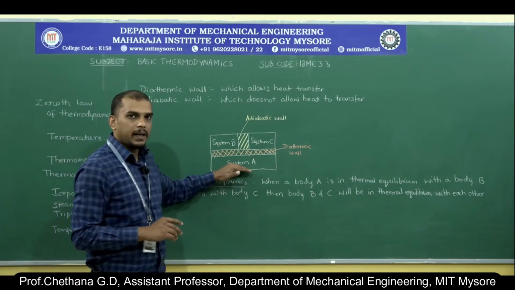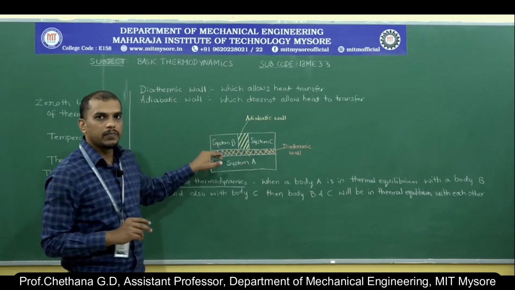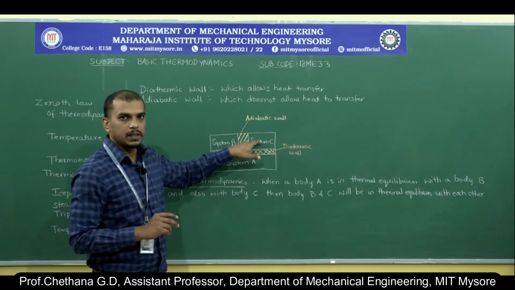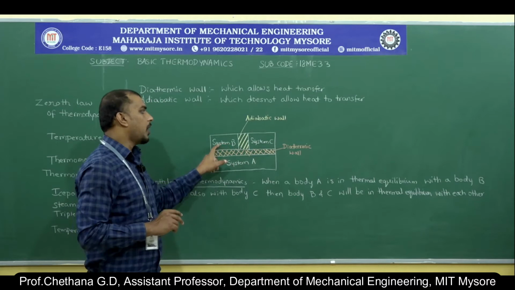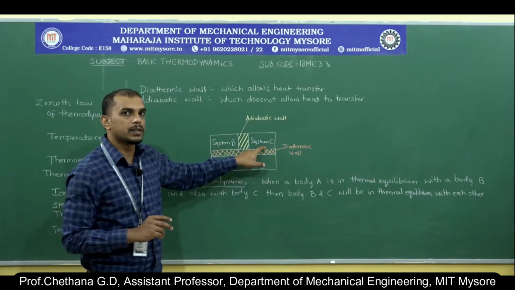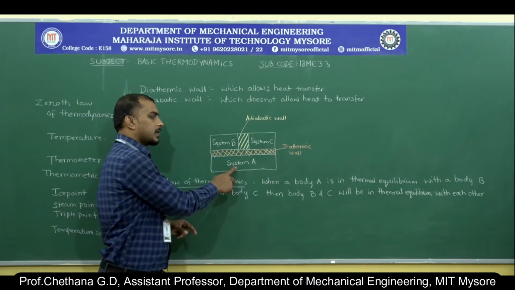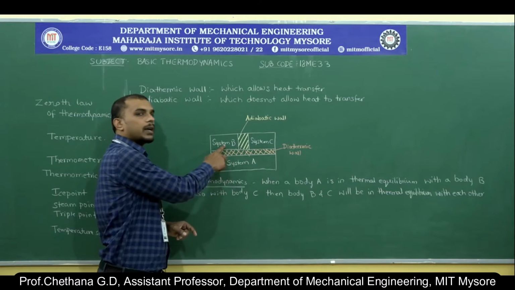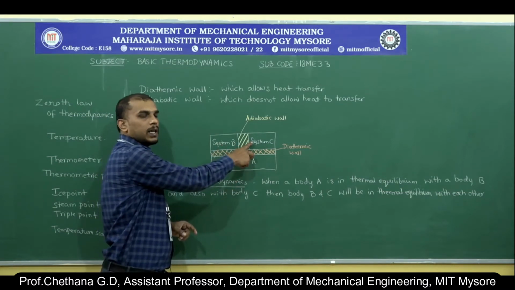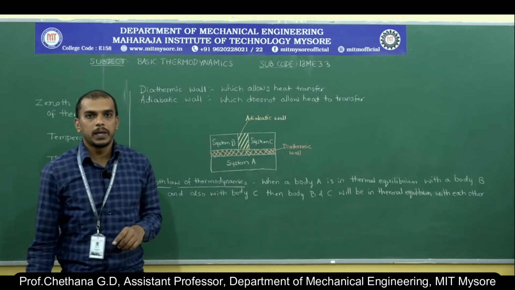When a body or system A is in thermal equilibrium with body B and also with body C, then bodies B and C are in thermal equilibrium with each other. This is quite interesting. If system A is in thermal contact with system B and also with system C, then systems B and C will be in thermal equilibrium.